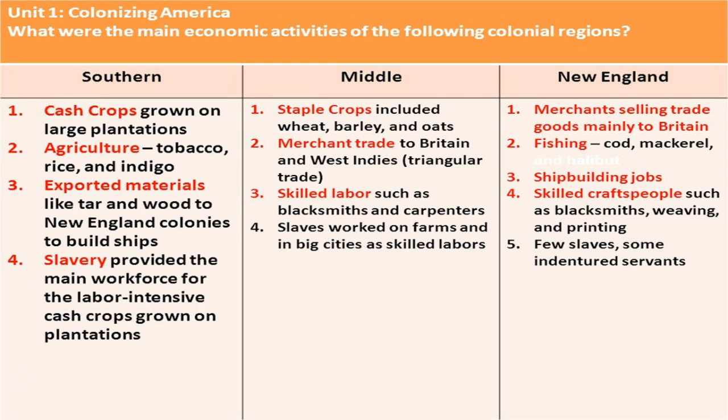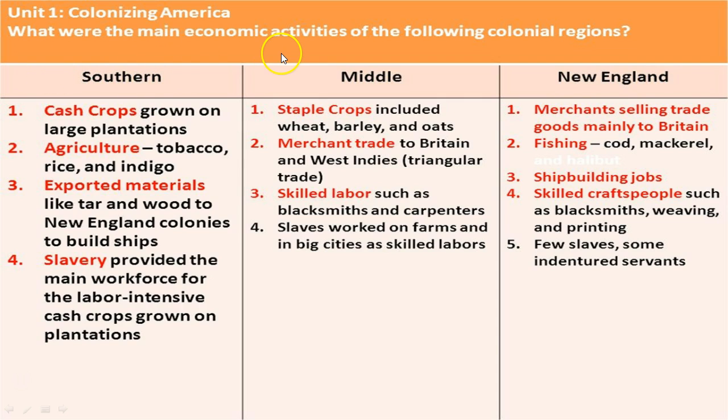So their weakness is that they don't have a lot of agriculture, but they do have a lot of skilled people, like blacksmiths and printing presses. New England has a lot to offer as far as food for the colonies and building boats, but farming is definitely their weakness. Now, these are the 2 polar opposites. We have the manufacturing here, and we have the agriculture here.